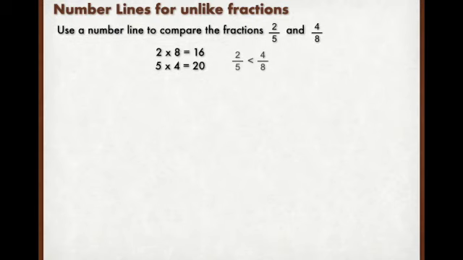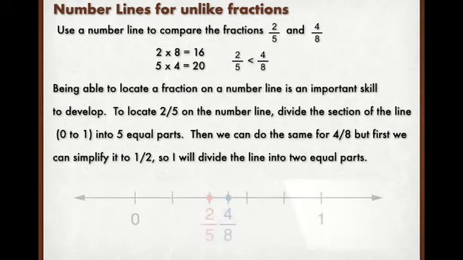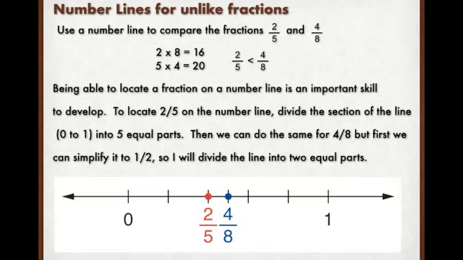So if I have 2 out of 5, I want to make the number line into 5 parts. If I have 4 out of 8, I want to make it into 8 parts, but I can also simplify 4 out of 8, I can divide it by 4, so into half. So for 4 out of 8, instead of dividing into 8 parts, I can divide it into 2 parts. So that's how I'm going to do the number line.